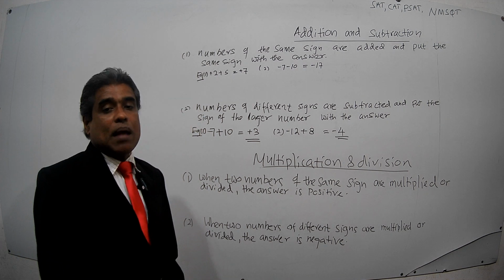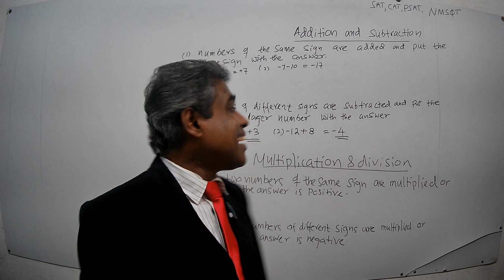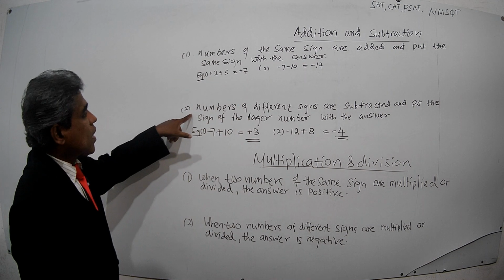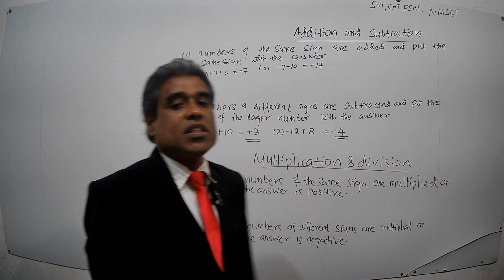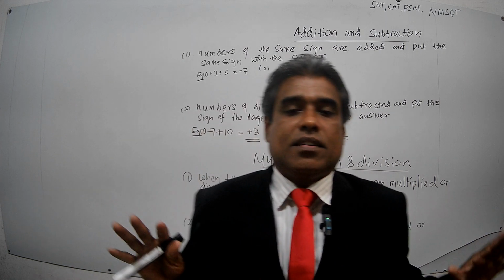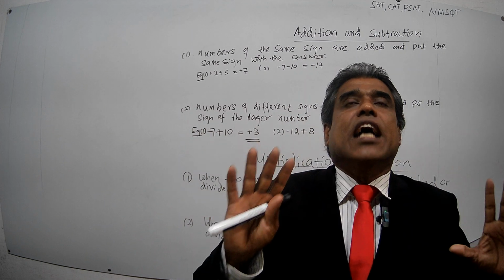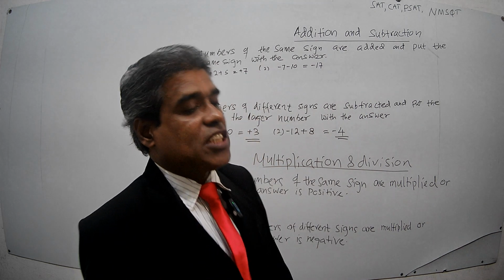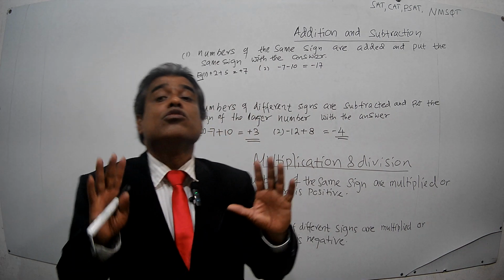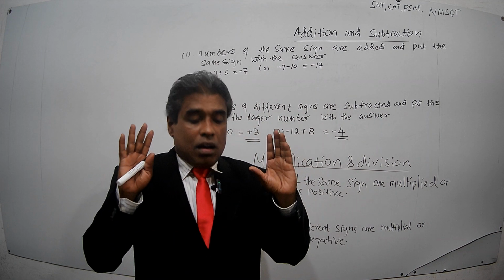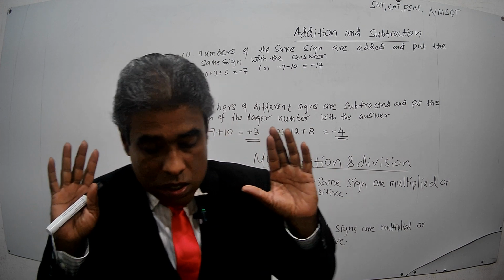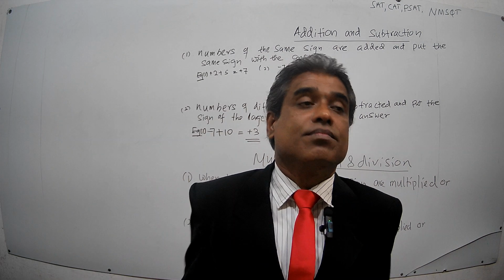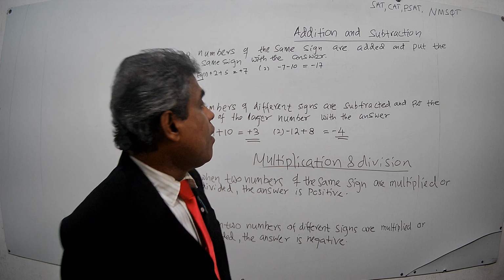Now the second rule applying to the addition and subtraction of directed numbers is this one: numbers of different signs are subtracted, and you put the sign of the larger number in the answer. That is what we have to do when you have numbers of different signs to be added or subtracted.